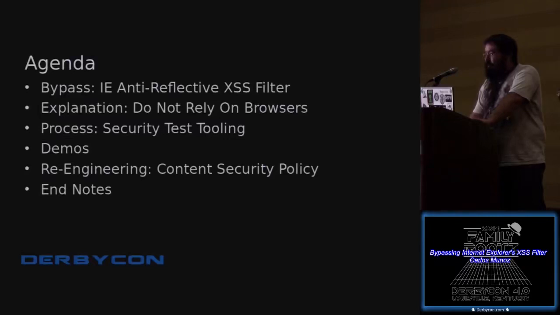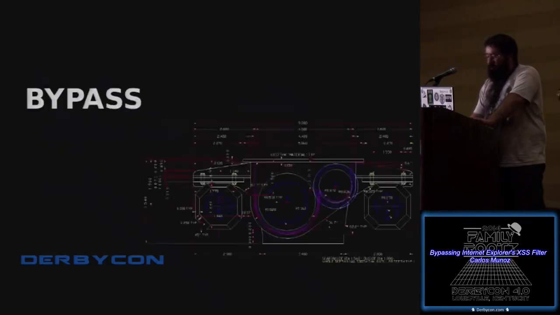The process, for anybody who works in vulnerability assessment, red teaming, or penetration testing, to add to your toolkit. Demos, of course. Talking a bit about content security policy and how it relates to Internet Explorer. And finally, finishing up with some endnotes.